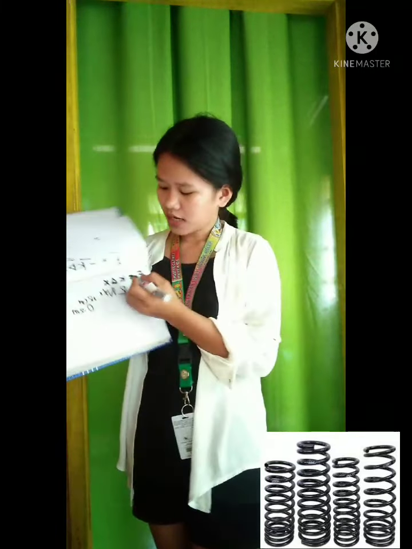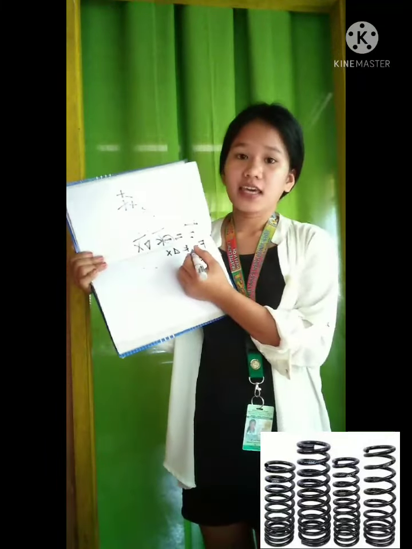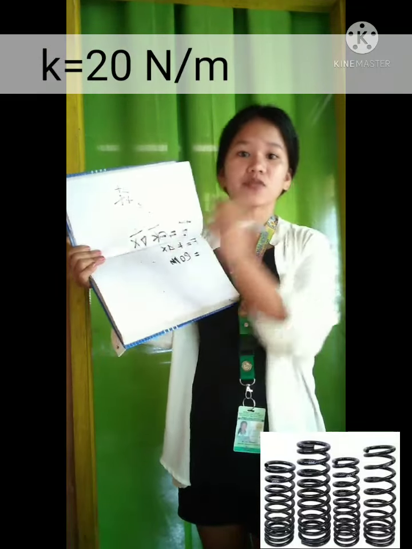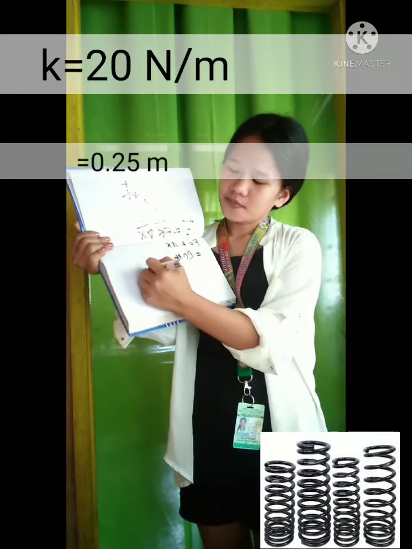So the formula is F equals negative k delta x, but since we are looking for the force to pull the spring, as I said before, we don't need the minus sign. So F equals k delta x. K is 20 N/m multiplied by 0.25 meter.